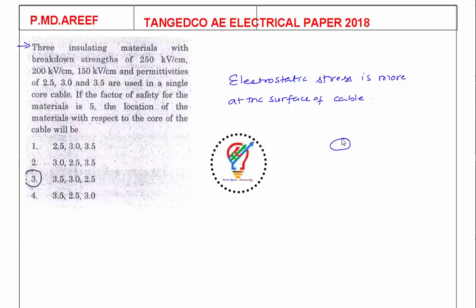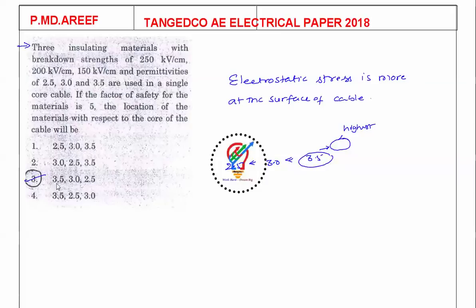So we should use the highest permittivity at the surface of the cable. The location of the material with respect to the core of the cable will be: first the highest permittivity, which in the given options is 3.5. Later we use 3.0, after that 2.5. So here we should keep the highest permittivity nearest the core.